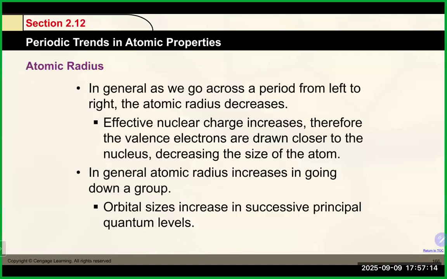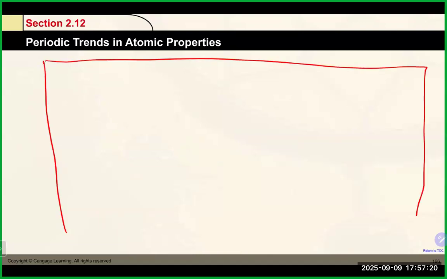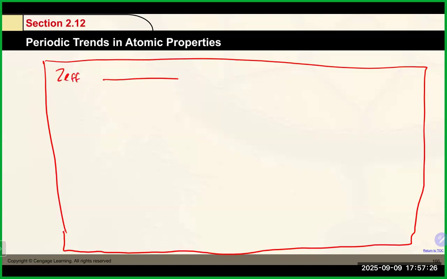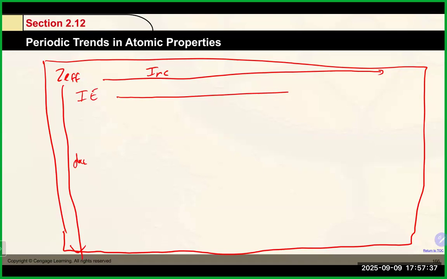So how do all these things play together? Well, they play together like so. We think about the periodic table and all those trends we talked about. The effective nuclear charge increases as you go up and to the right, decreases as you go down. With that, ionization energy increases as you go up and to the right, decreases as you go down.